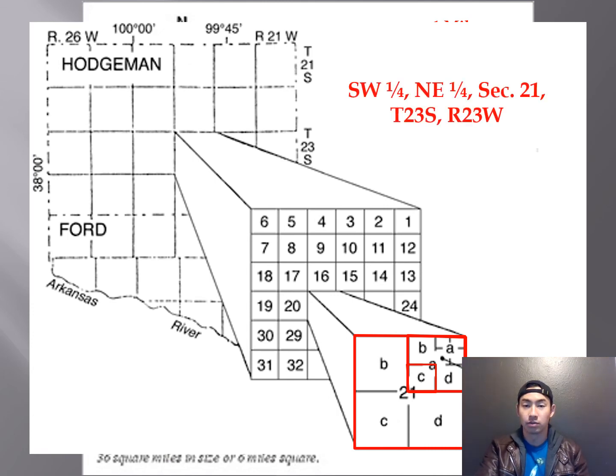To write this out, we have the southwest quarter of the northeast quarter of section 21 of township 23 south, range 23 west. We start at the very smallest, where C is in the southwest quarter of the northeast quarter, the slightly bigger red square, of section 21, the biggest red square that we have here, and then the township and range.